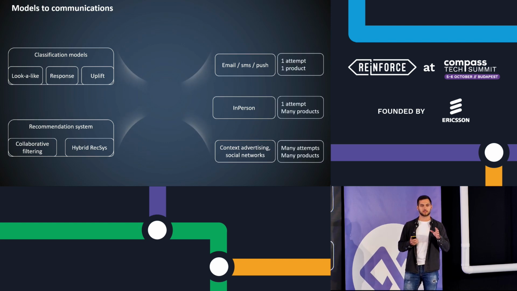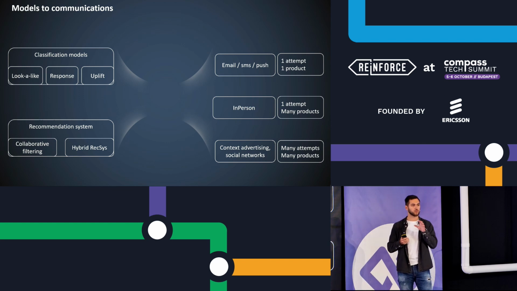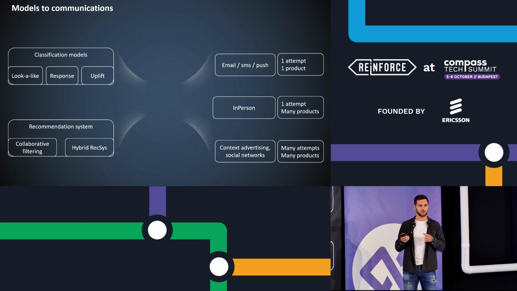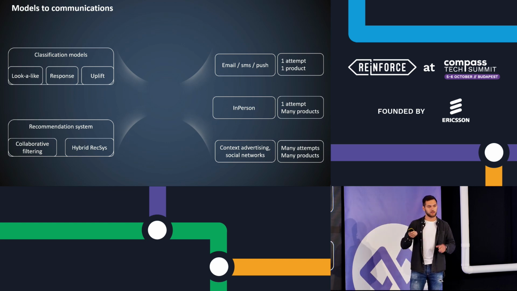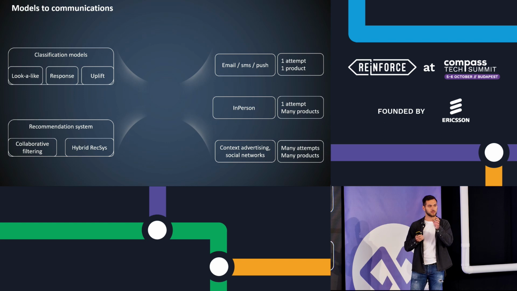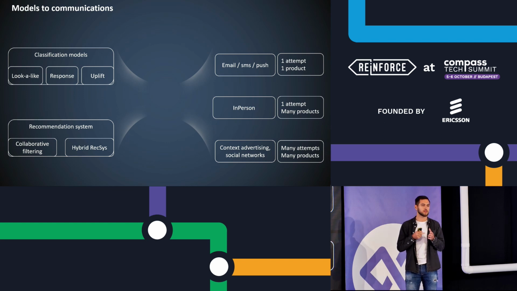And this is where we see the magic of some restrictions, or rather some boundaries. For example, for the first channel, we have one attempt and one product because we want to engage the customer, but we don't want to overwhelm them with communication. We cannot send communication every day: look at this picture, buy this product, buy this product. No, we have one product, one attempt, let's say one attempt in a month.